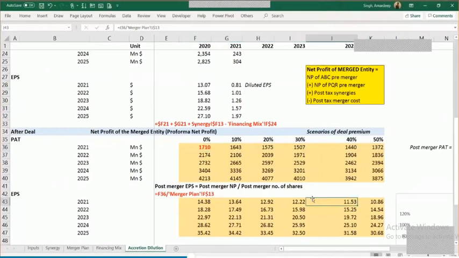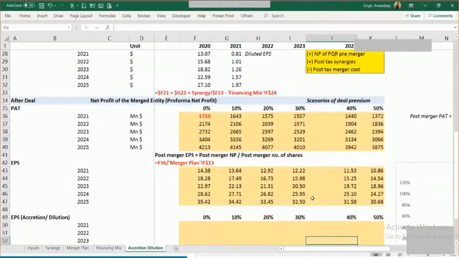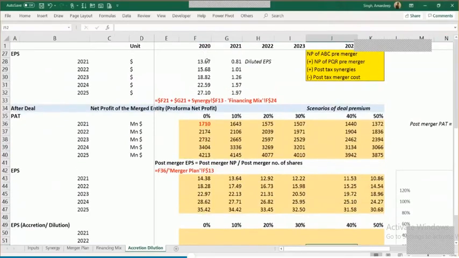Right? And now this is your post-merger EPS, and here at the top we computed the pre-merger EPS. So if you compare the pre-merger with post-merger, you'll be able to see whether the deal is accretive or dilutive. In order to work out the accretion or dilution percentage, you simply have to compare the post-merger EPS divided by pre-merger EPS minus 1.